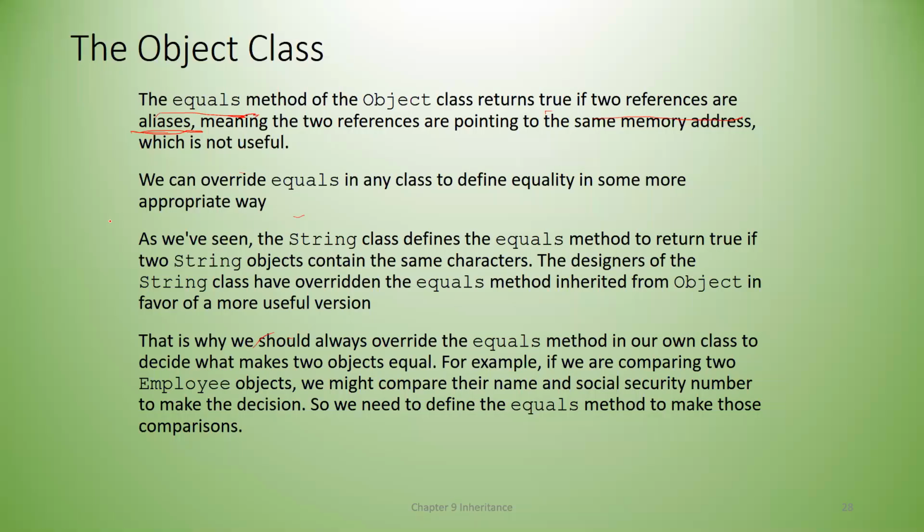What does that mean? I think I have the answer here. They are the same. They are the same what? I need you to tell me the same what, meaning the two references are pointing to the same memory address.